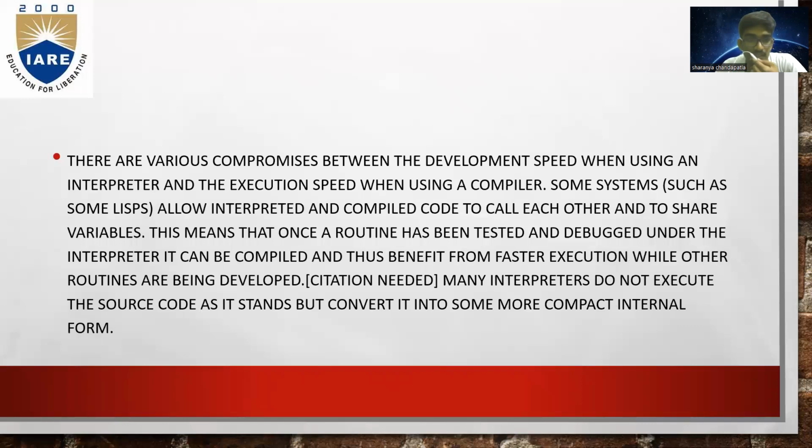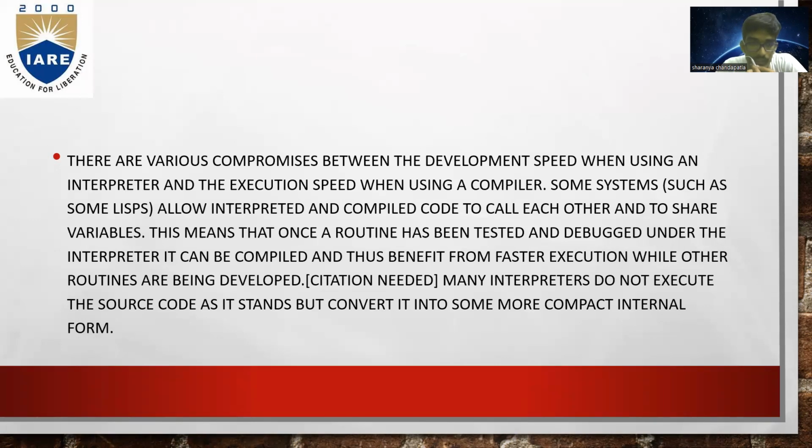Some systems, such as some Lisps, allow interpreted and compiled code to call each other and to share variables. This means that once a routine has been tested and debugged under the interpreter, it can be compiled and thus benefit from faster execution while other routines are being developed.